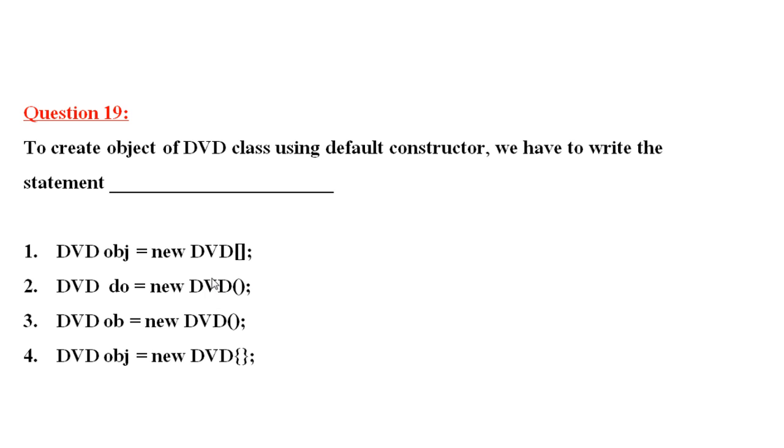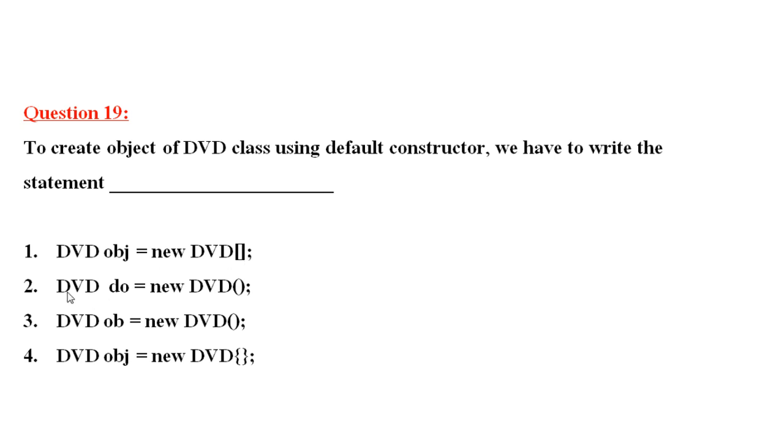Now the syntax for creating object is class name, then object name is equal to new class name, that is constructor name, which is same as the class name. So out here, which one will go? DVD, okay, object name is alright, is equal to new DVD, but here you are calling the default constructor, and constructor is a method. At the end it should have parenthesis, not box bracket.